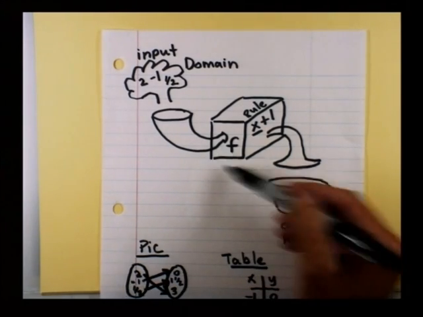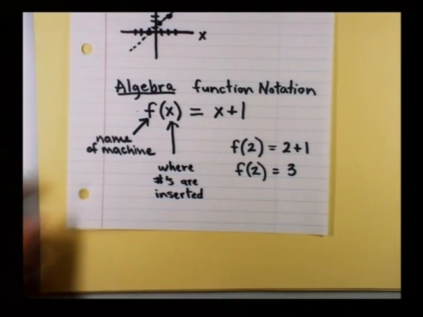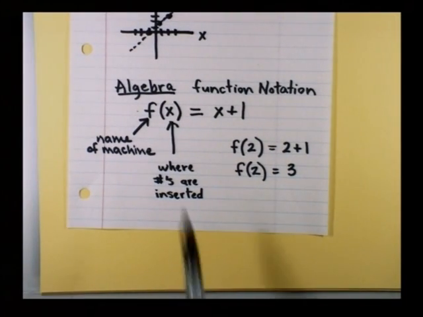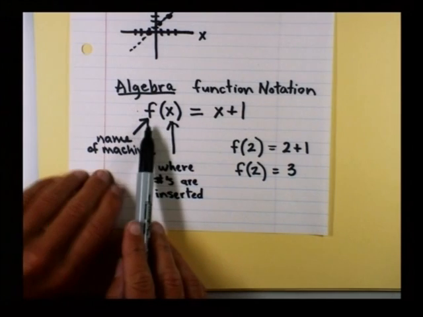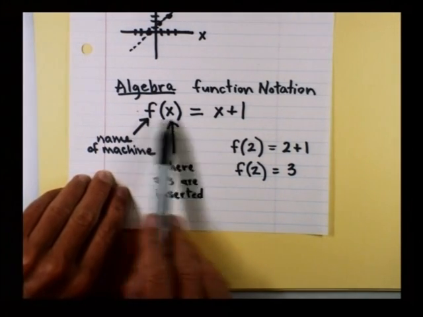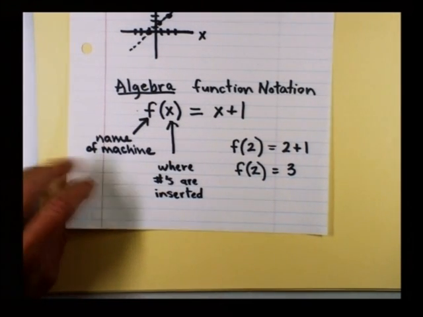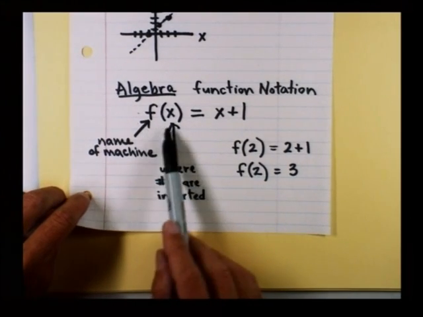That this machine was named f. Our function notation shows that we're dealing with f of x equals x plus 1, where we have our variable and our rule. So let's look at a few more detailed examples of function notation.